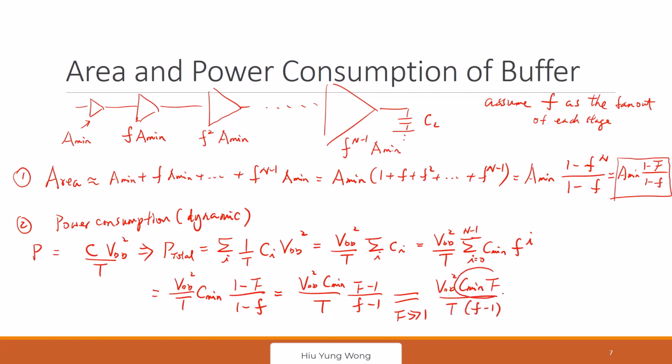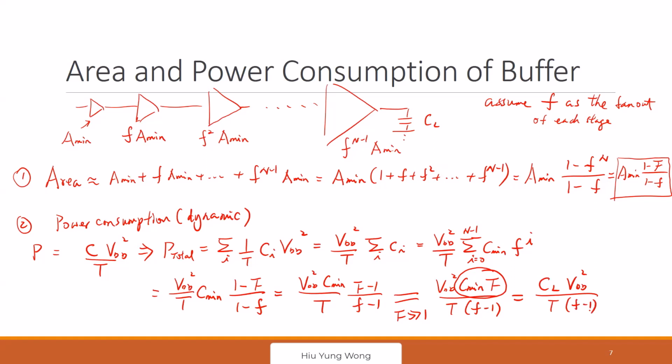But what is C mean times capital F? Do you recognize this term? C mean is the capacitance of the first stage, and capital F is the total fan out. So what is C mean times capital F? CL. Just CL. So it is just CL VDD squared divided by T times F minus 1.